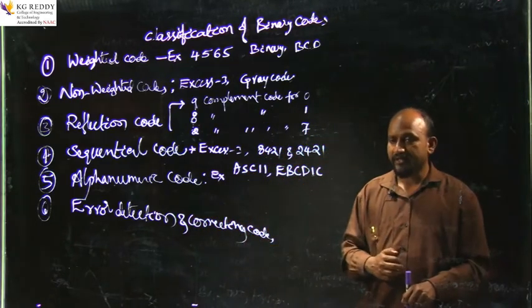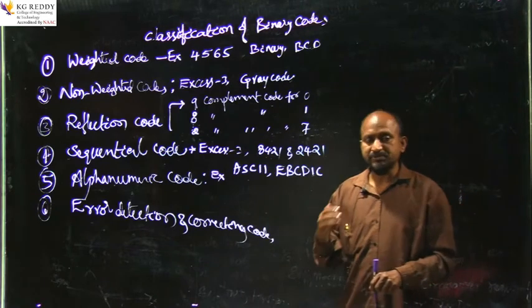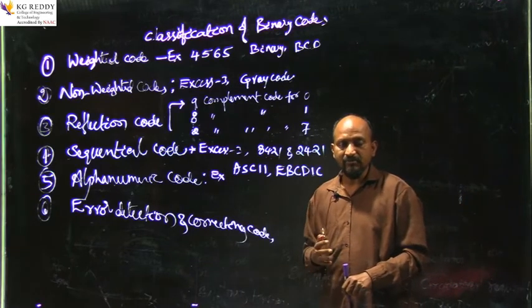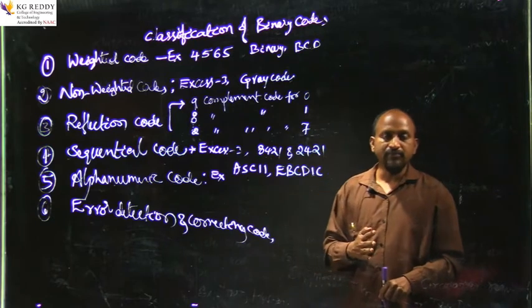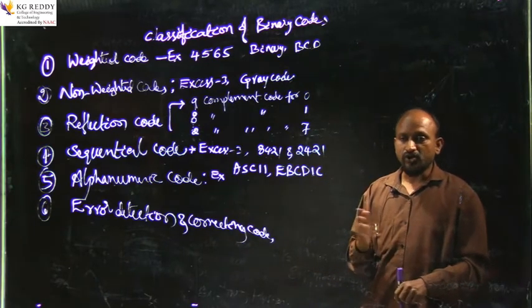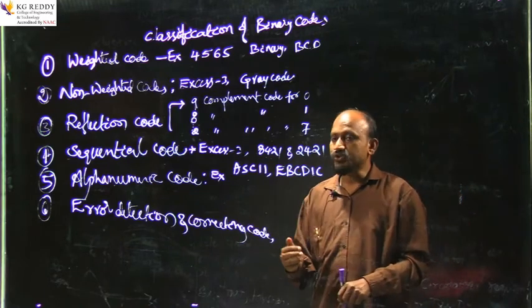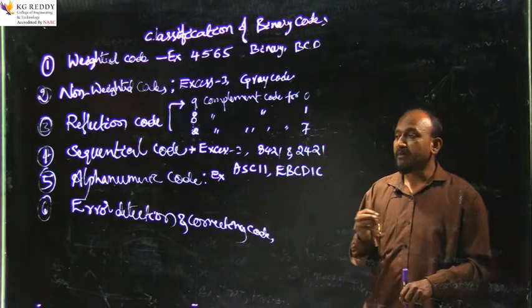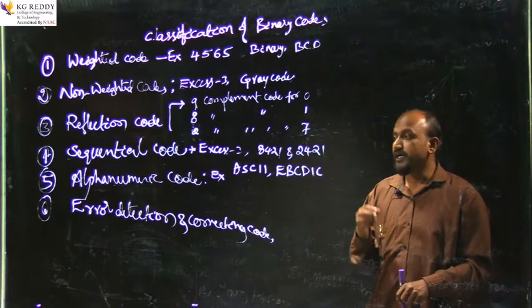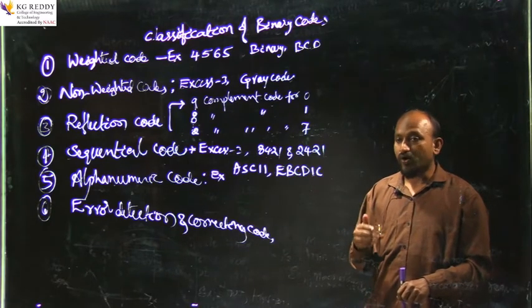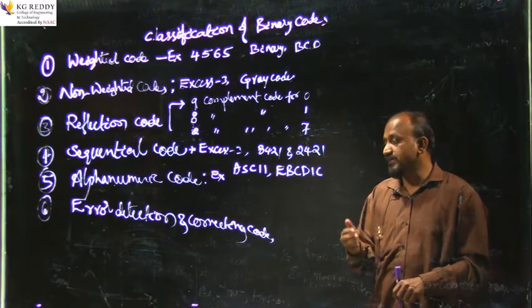Where does it happen? When we transmit digital information from one point to another, from source to destination, transmitter to receiver, or one circuit to another, the data may get corrupted or changed.